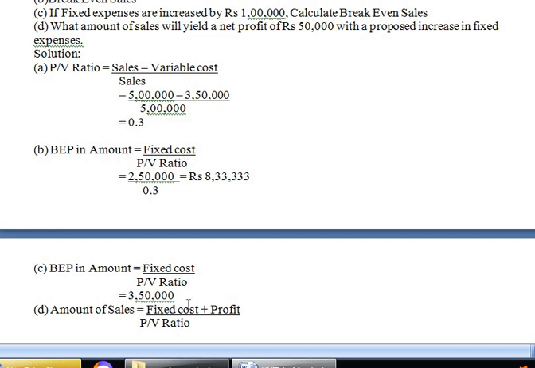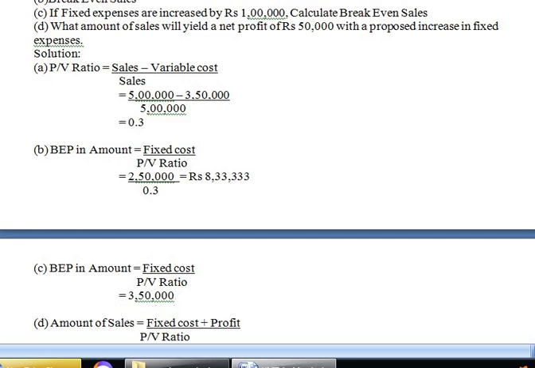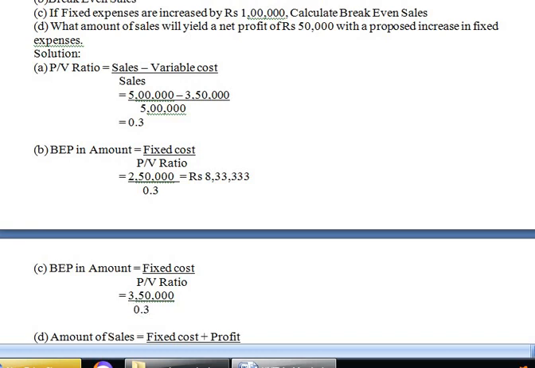So 3,50,000 divided by PV ratio 0.3 will be equal to 11 lakh 66,666.